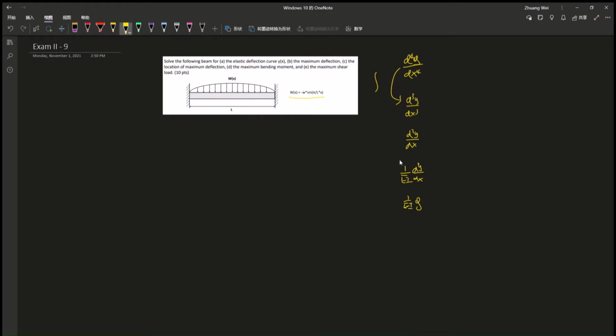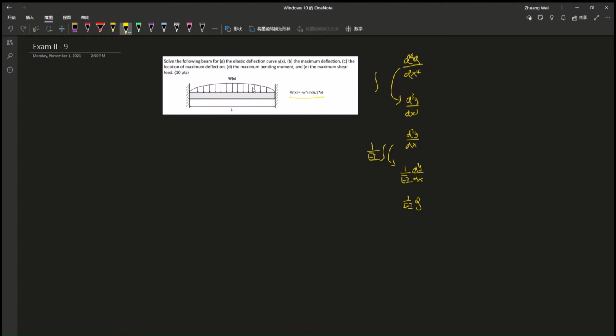From here to here, you take the integral with the EI outside of the integral, just count it as a constant. So with this problem, you take the integral and you keep going.